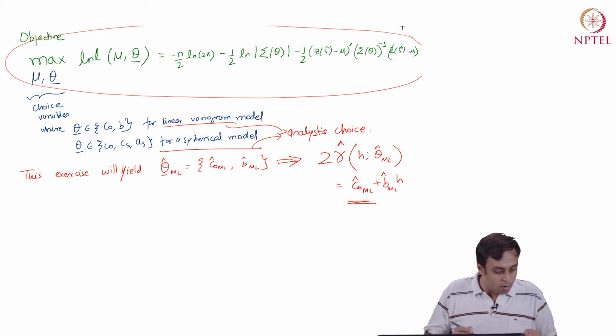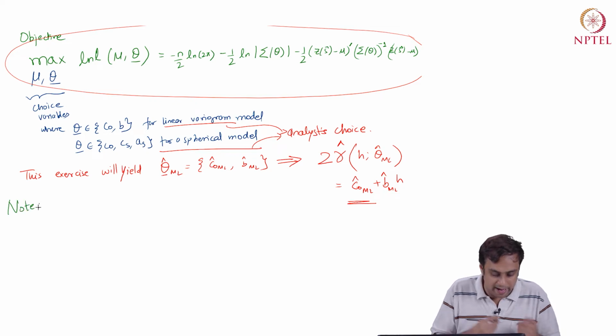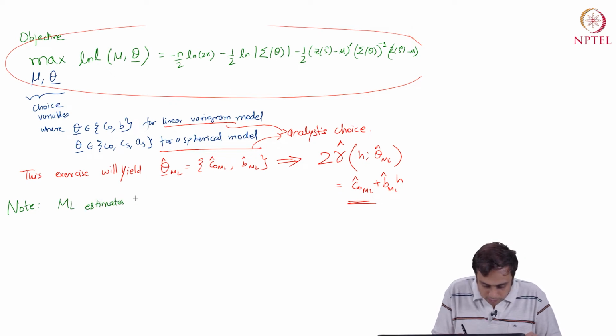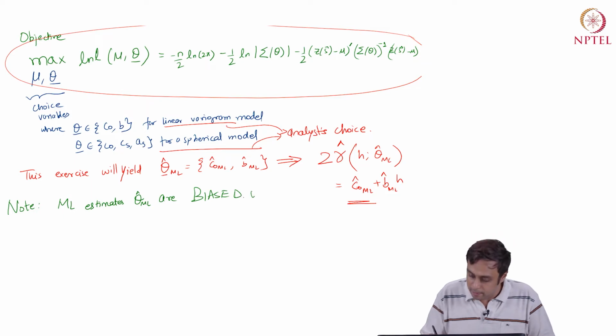Okay. Now, there is a very important note that I want to give you before I end this maximum likelihood estimation: ML estimates, theta hat ML, are biased. Why?